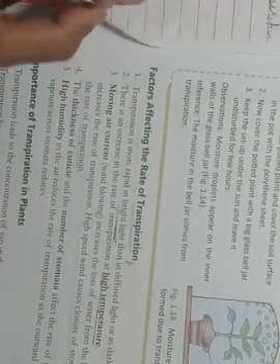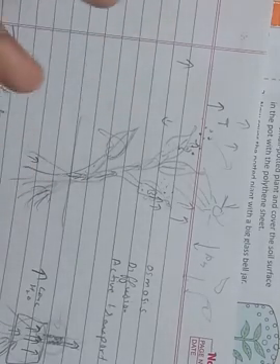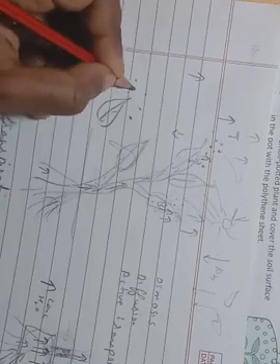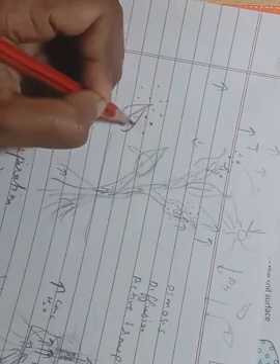Moving current, like wind. When the wind blows, the rate of transpiration increases. How? Suppose this is a plant leaf. Water particles are present in the atmosphere around it. Now when the wind blows, these water particles around the leaf move somewhere else.